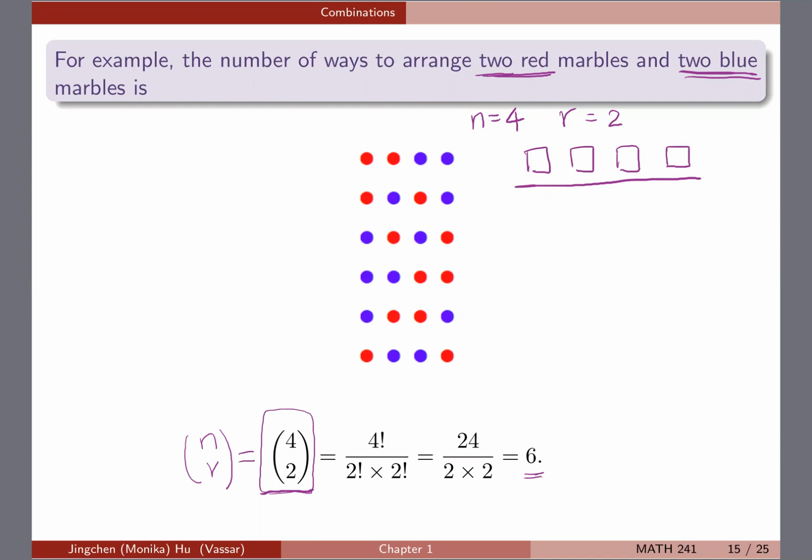Keep in mind that you can think of 4 choose 2 as choosing 2 locations for the 2 red marbles. But at the same time, you can also think of it as choosing the 2 locations for the 2 blue marbles, and you're going to come up with the same answer.